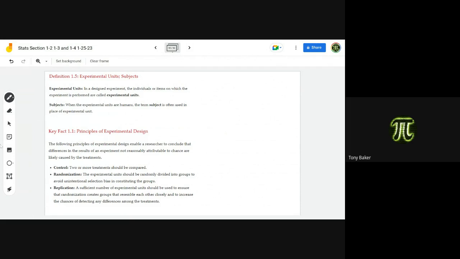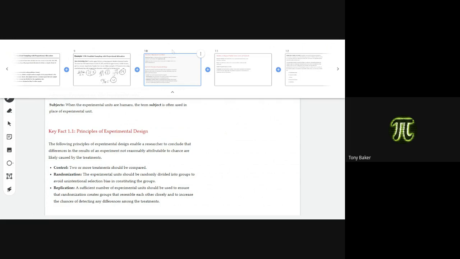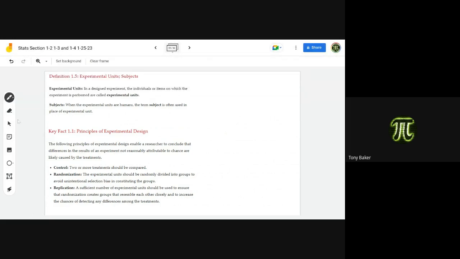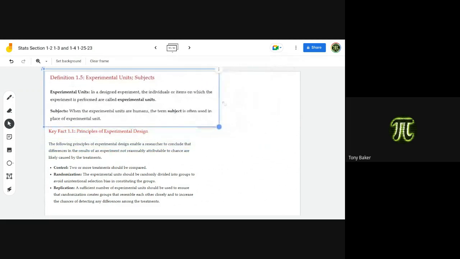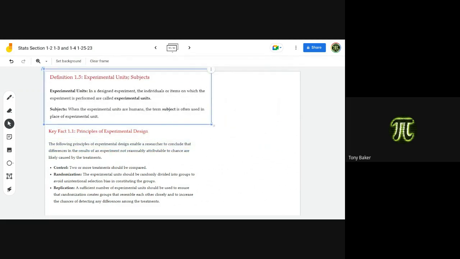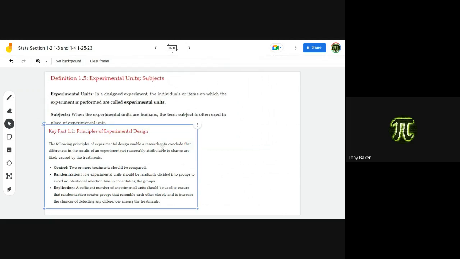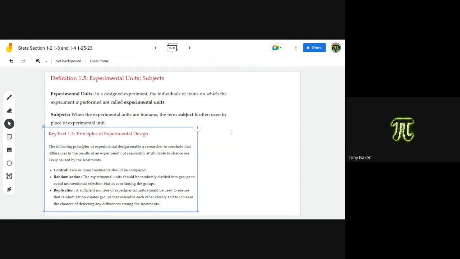We're going to quickly go through this. So we've talked about how you pick your samples. Now, when you're picking your samples to do a survey, that's one thing.